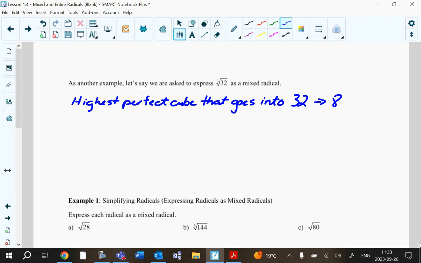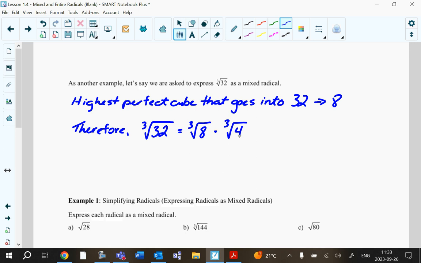Therefore, I can break up the cube root of 32 into the cube root of 8 times the cube root of what number? 4, because 8 times 4 is 32.